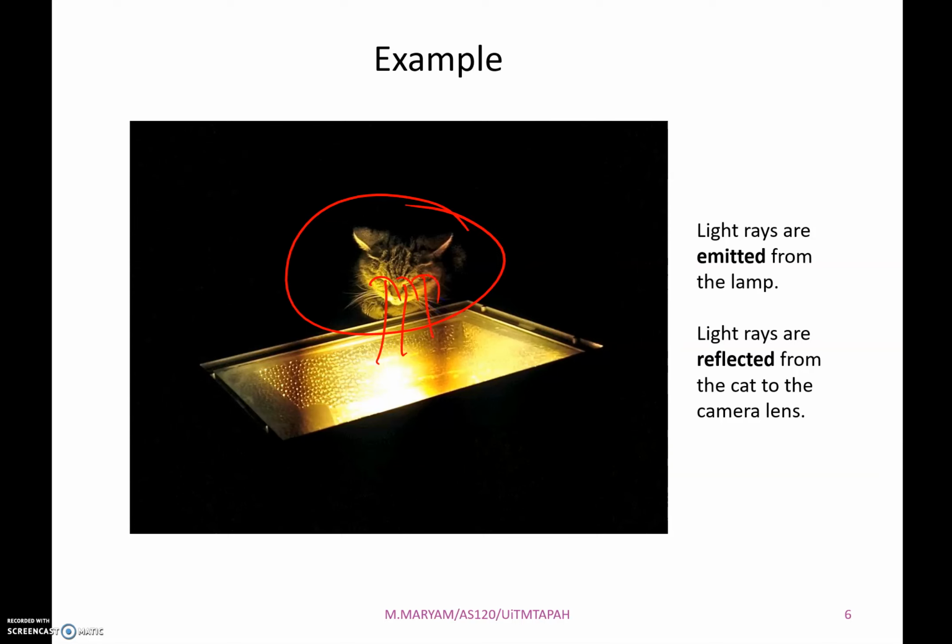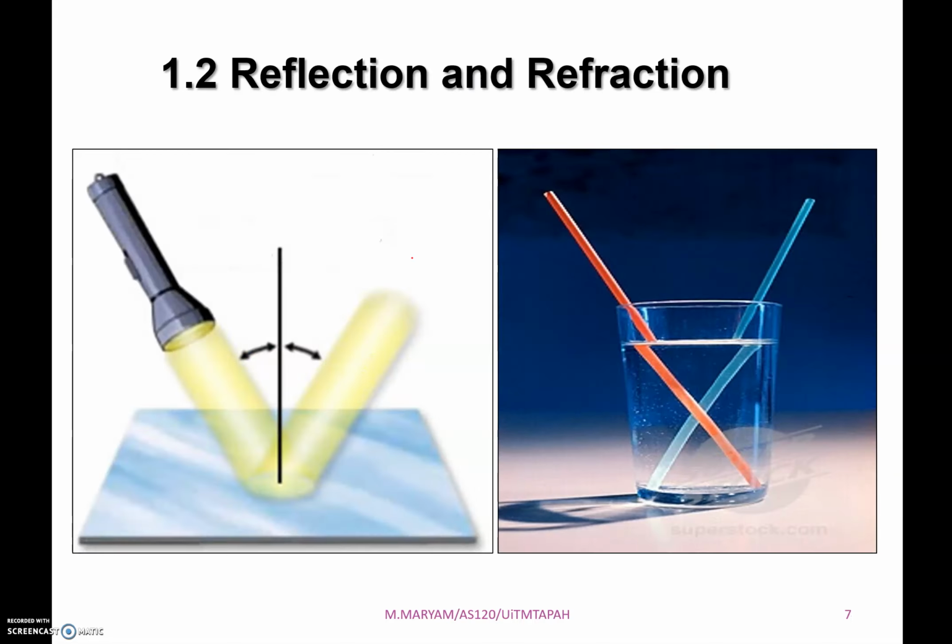The power of the light is not strong enough for it to be reflected much further beyond the cat's distance. So from here, the light will be reflected into your eyes. That's how you can see the cat's face, which is directly above the light source.